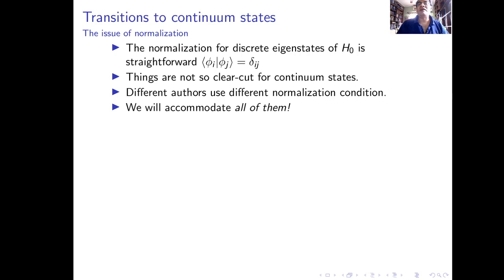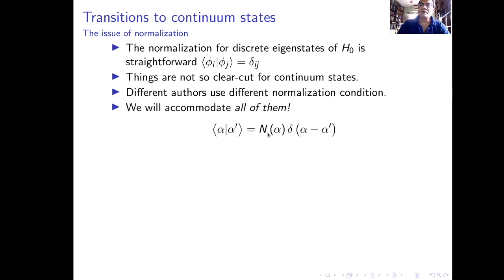We will accommodate all the different normalization choices that people use simply by saying that the overlap between the continuum states alpha and alpha prime, which, remember, are eigenstates of the unperturbed Hamiltonian but in the continuum, we expect to have a delta function, delta of alpha minus alpha prime, because of the orthogonality. But the normalization factor in front, this is where different authors differ in their choices. We are just going to write that as n of alpha.